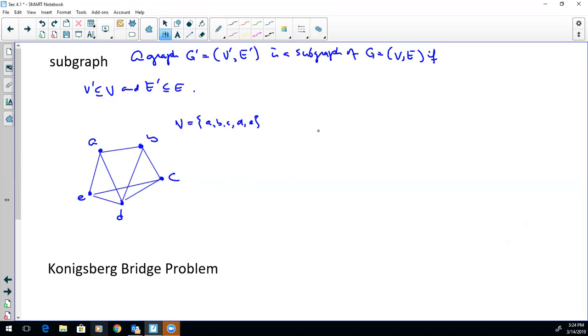Now, if we take a subset of V, and let's just take the subset W that's A, B, D, and E. What this does is this induces a subgraph.